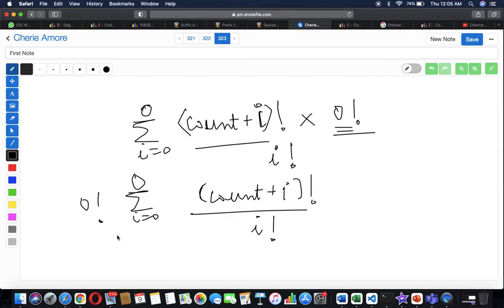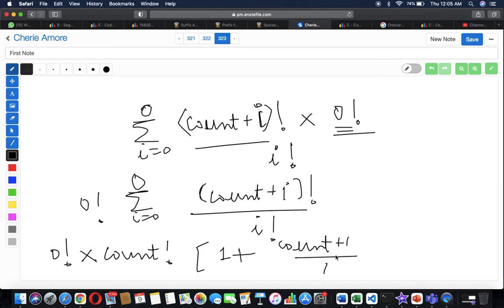So this will reduce to other factorial into count factorial, and the summation will basically open up to be something like 1 plus (count plus 1) divided by 1 plus count into (count plus 1) divided by 2 factorial, and so on.